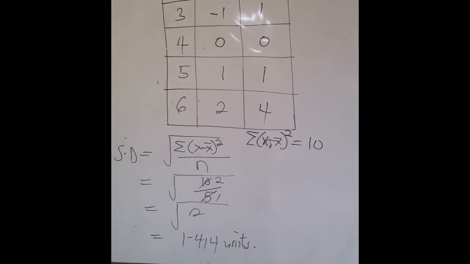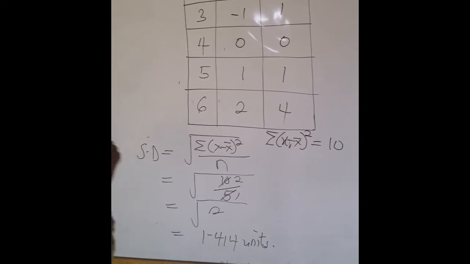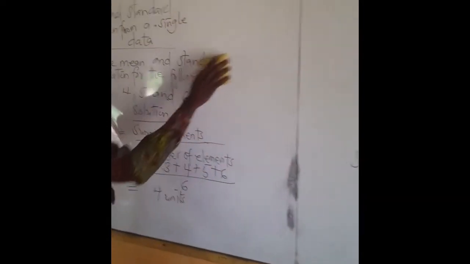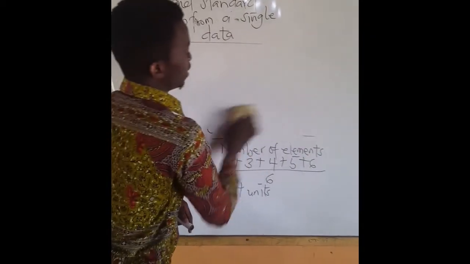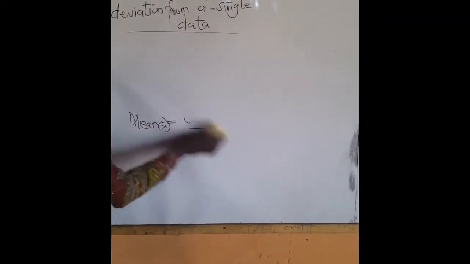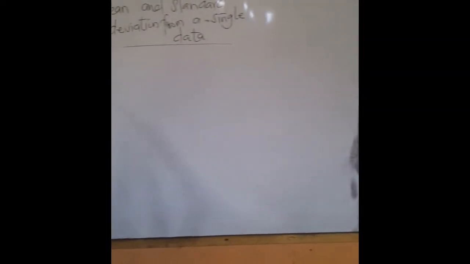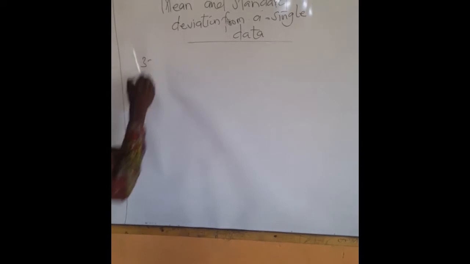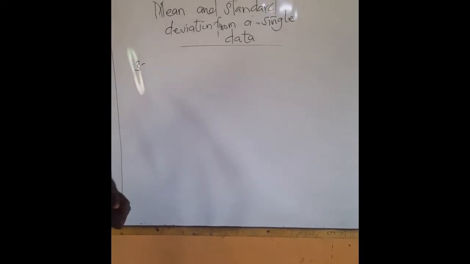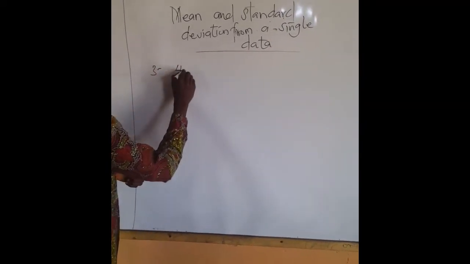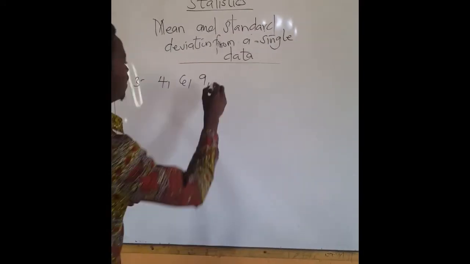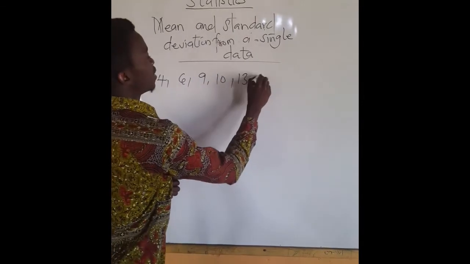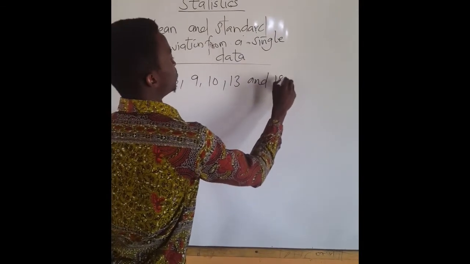Okay. So let's take our example 3. For example 3, we are going to have the numbers to be 4, 6, 9, 10, 13, and 18.